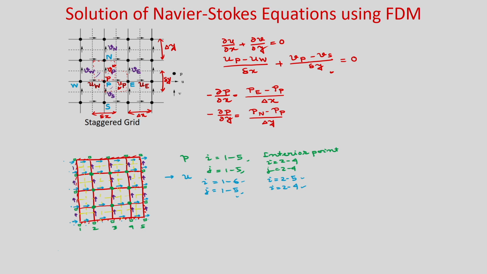But the index varies differently, and at this horizontal boundary you have velocities, you need to satisfy the v velocities no slip condition.